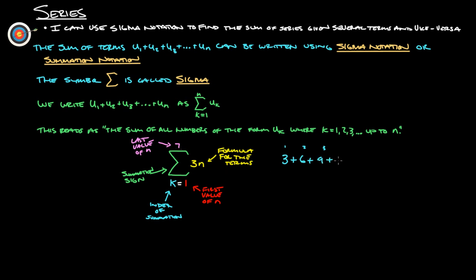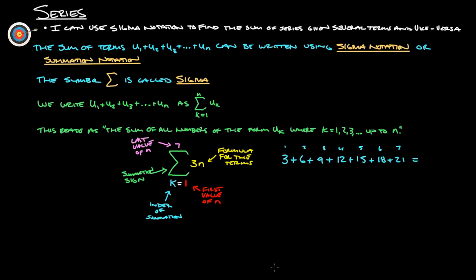We keep multiplying by 3. And then 12, 15. So that's the fourth, fifth. And then 18, sixth. And then 21 is going to be the last one. So this all here is saying, what does this all equal?